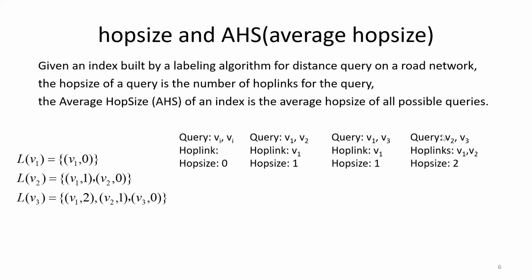For example, for query V2 to V3, the hop vertices are V1 and V2, so the hop size is 2. Then we can calculate the average hop size using this equation, and we get a value 2 over 9, which is the AHS of the two-hop index in this example.